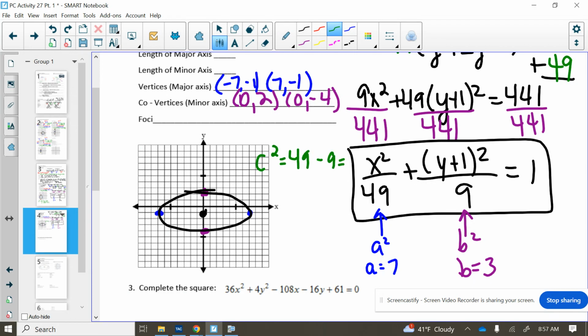So we get the square root of 40 as our c value, which is approximately 6.3. So as we go to plot, you would go to the right about 6.3, to the left about 6.3. So we're taking that x value of 0, and we are either adding or subtracting square root of 40 to it, still at the y value of -1.